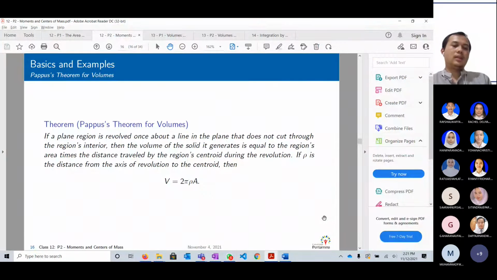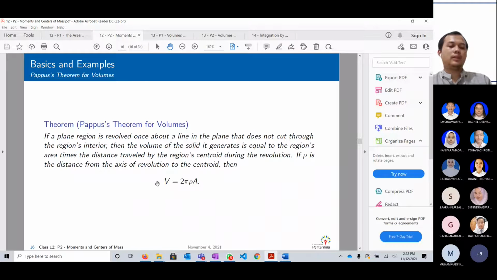Okay. Now, the last part is the Pappus theorem for volumes. This Pappus theorem is basically saying that if a plane region is revolved once about a line in the plane that does not cut through the region's interior, then the volume of the solid it generates is equal to the region's area times the distance traveled by the region's centroid during the revolution.